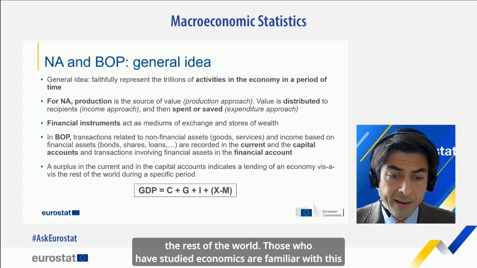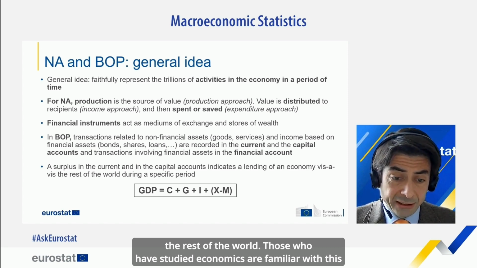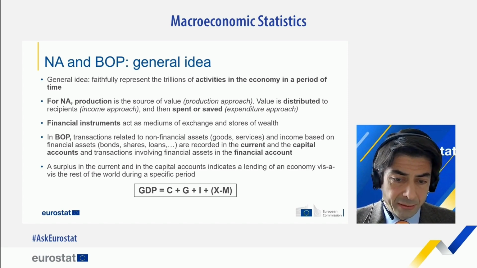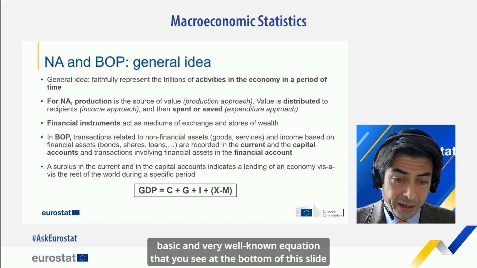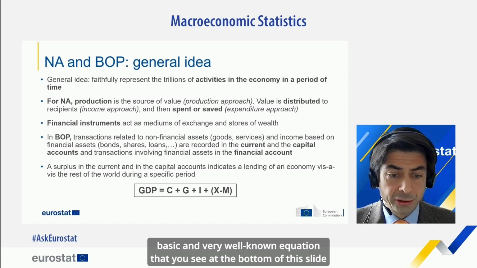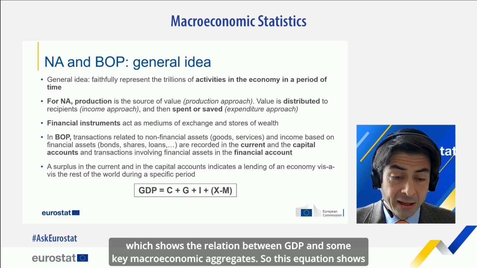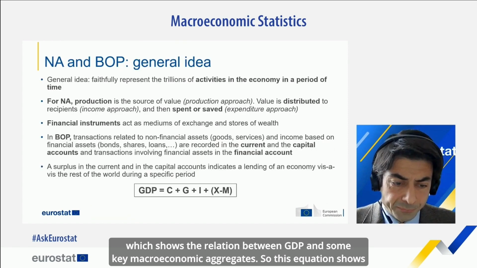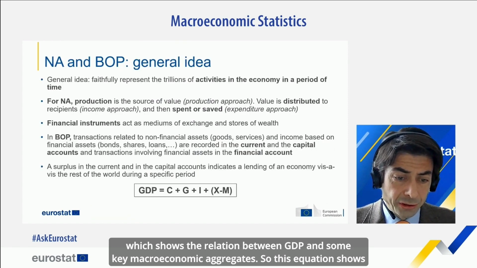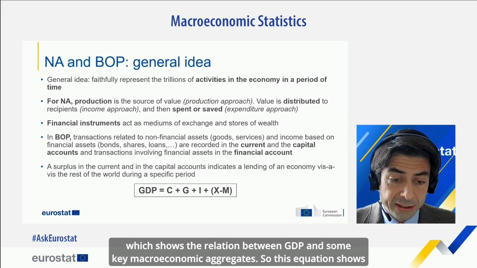Those who have studied economics are familiar with this basic and very well-known equation that you see at the bottom of this slide, which shows the relation between GDP and some key macroeconomic aggregates.